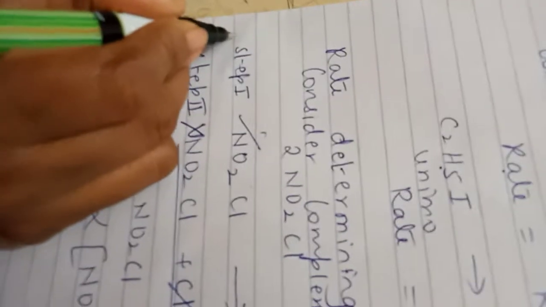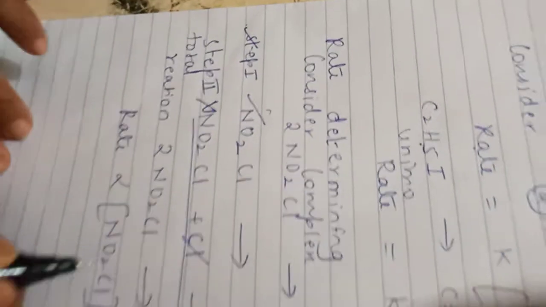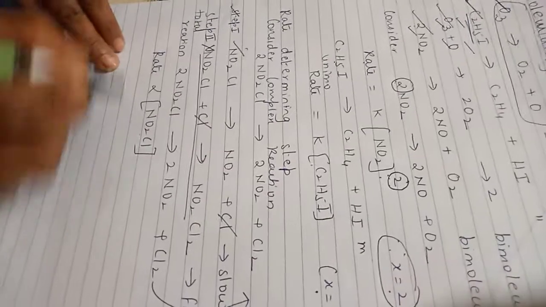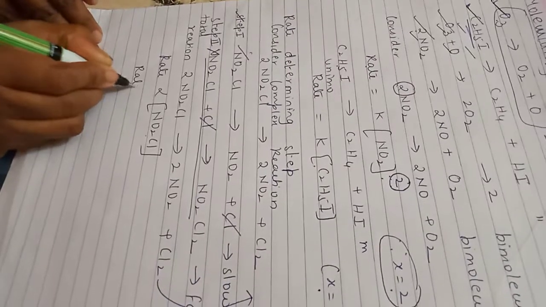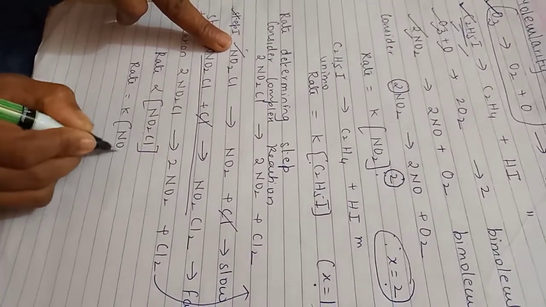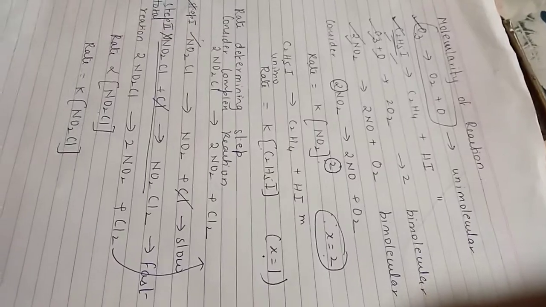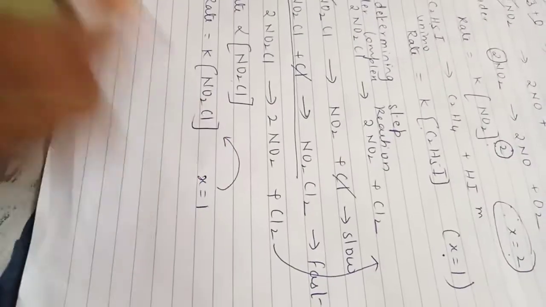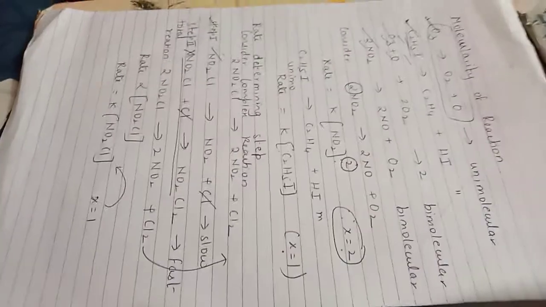Here, precisely, step number 1 is the slowest step and that is the rate determining step. So we write rate is equal to some constant k times NO2Cl, and it is observed that here x is equal to 1. Therefore it is a first order reaction.